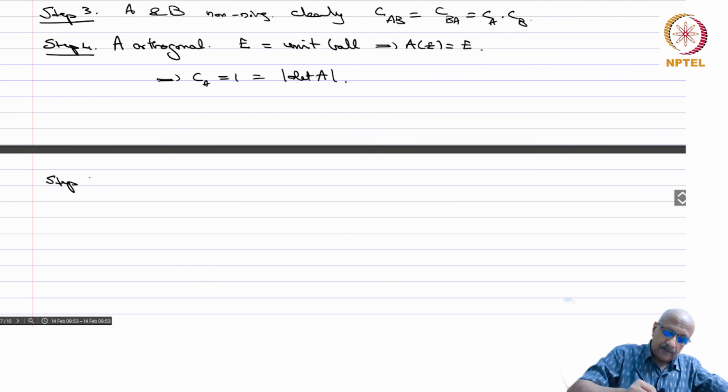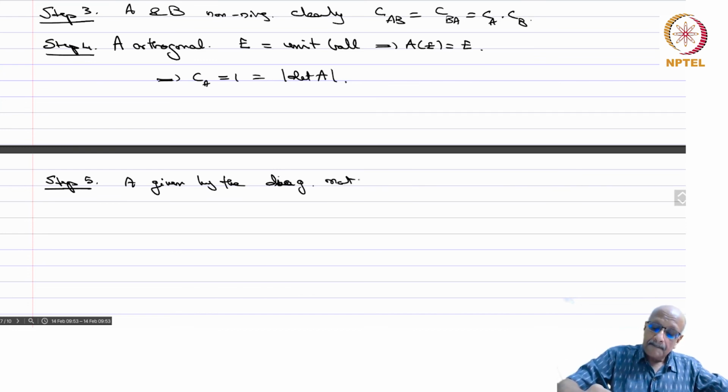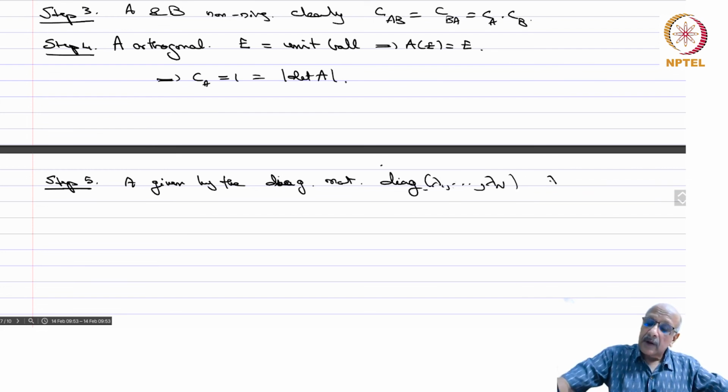Step 5. Let us take A given by the diagonal matrix lambda 1 to lambda n, where lambda i are all greater than 0, for i from 1 to n.